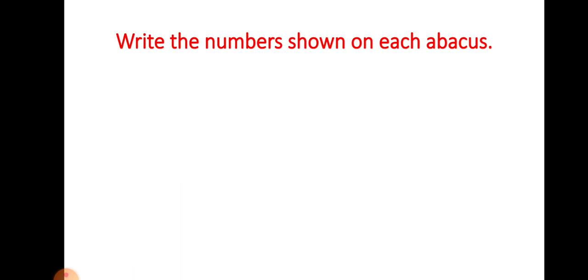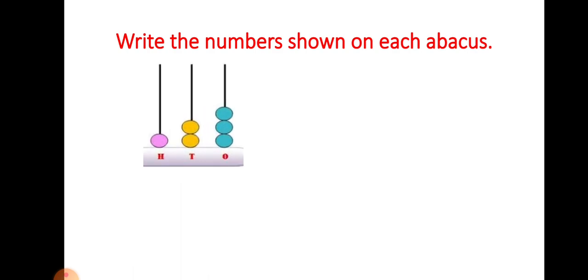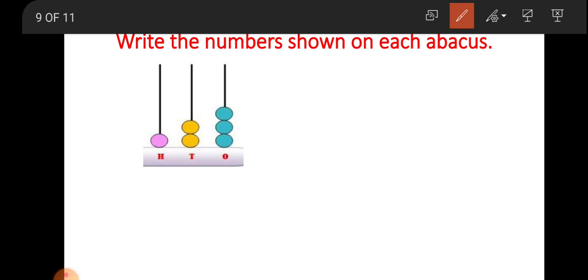Write the numbers shown on each abacus. Dear students, here is the given abacus. See this abacus and write the numbers from this abacus. Count the beads in the given places. In the 100 place 1 bead is given, so in the 100 place write 1.